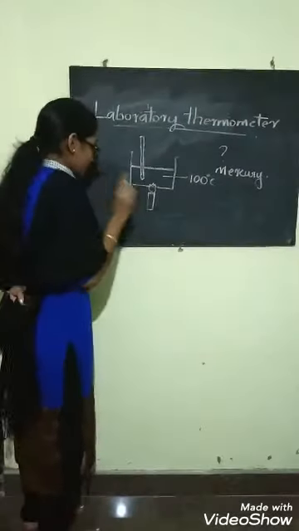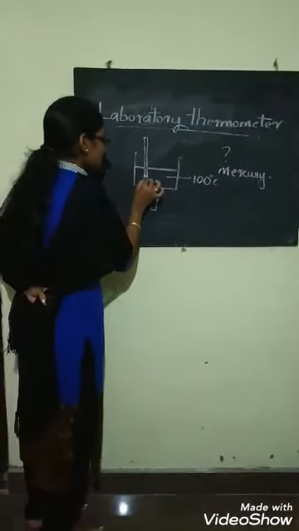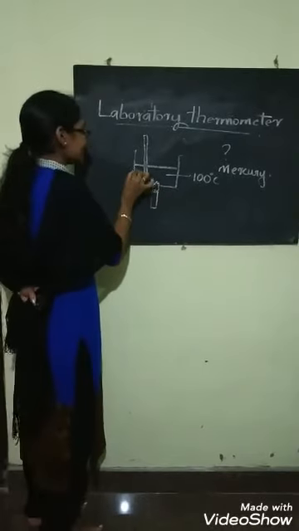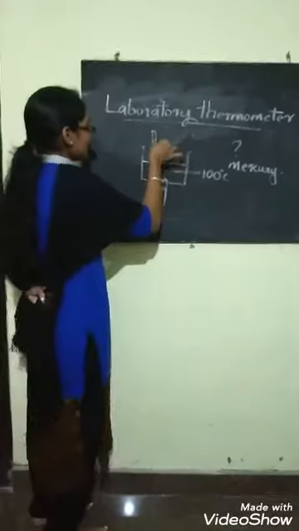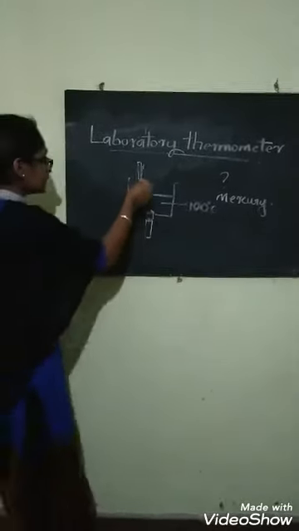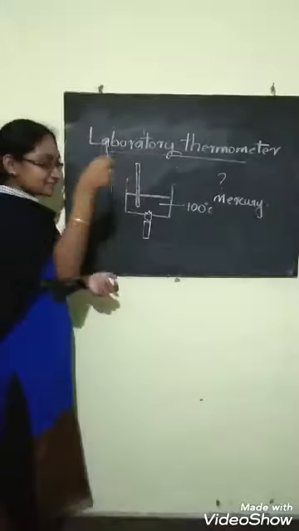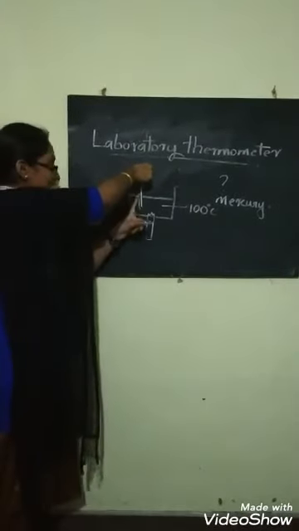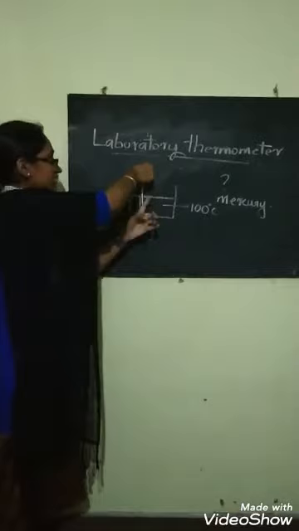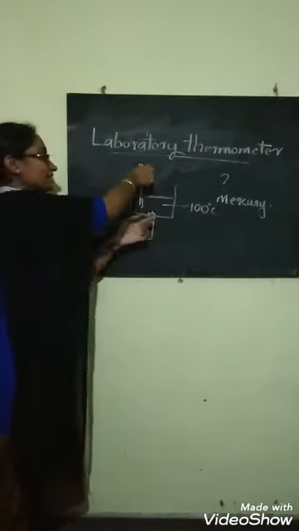Please take care that the thermometer does not touch the sides of the beaker. For example, I am holding it beside a pencil. Now this thermometer is not touching the walls and it is inside the water.